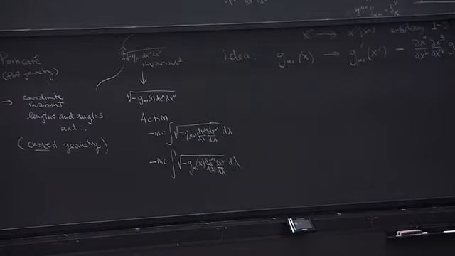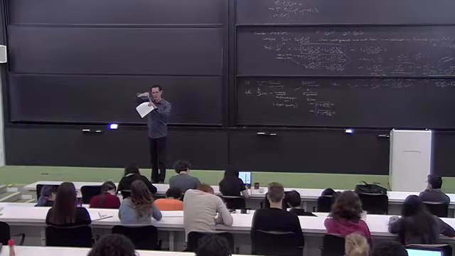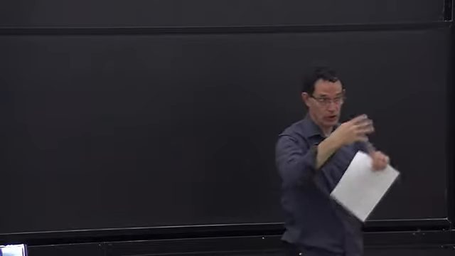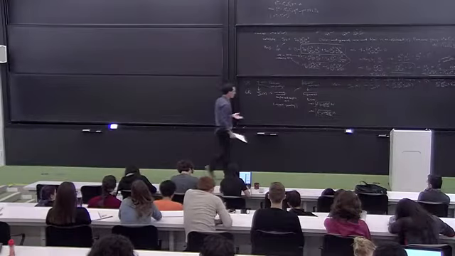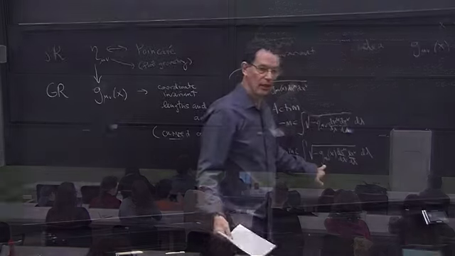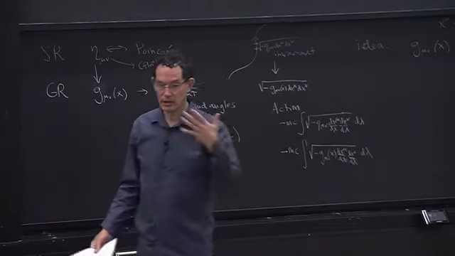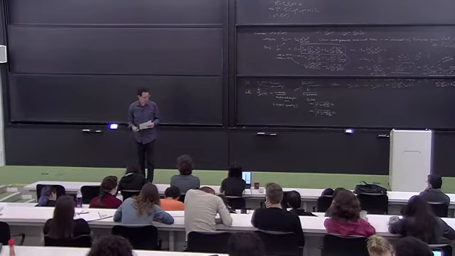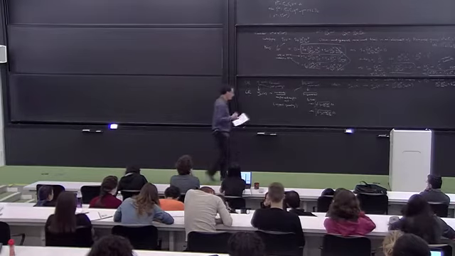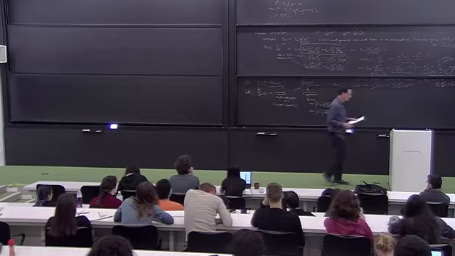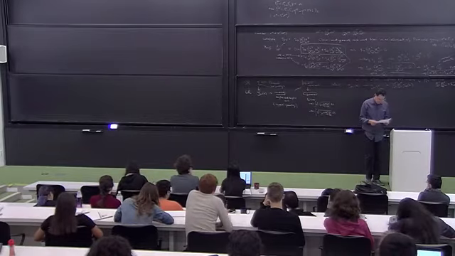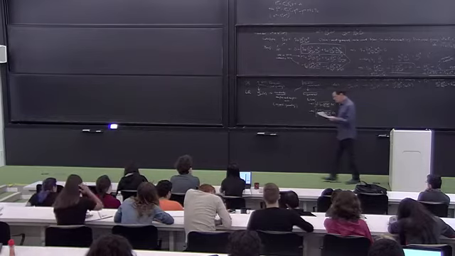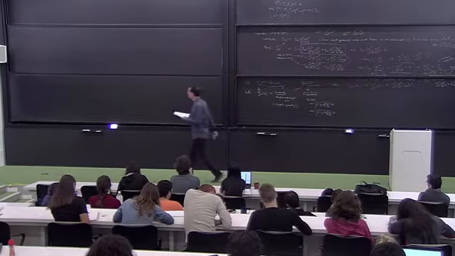If the action determining the motion of particles is just the length of their world line, then all I need to determine how particles fall in space and time is to know the length of the world line. And if I know the metric, then that determines the motion of particles. And his insight is that that will determine gravity. Now, so let me tell you a little bit about gravity.